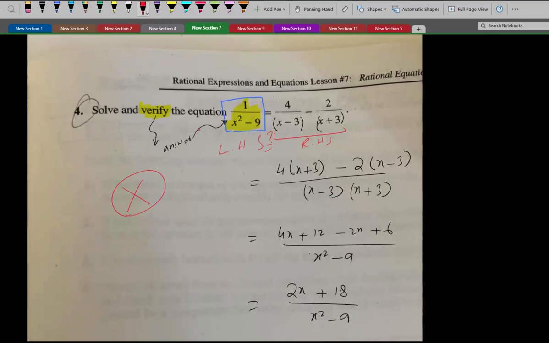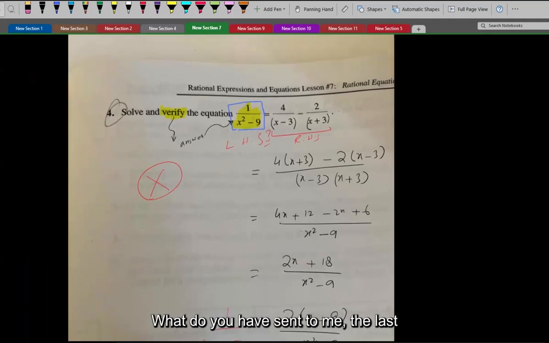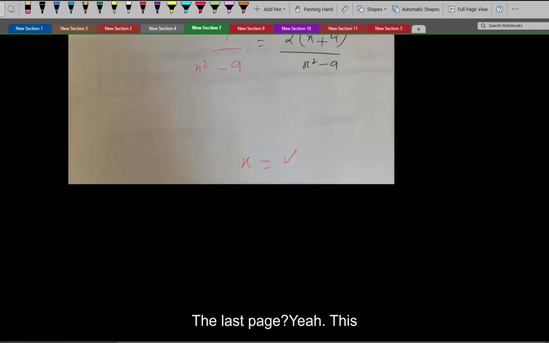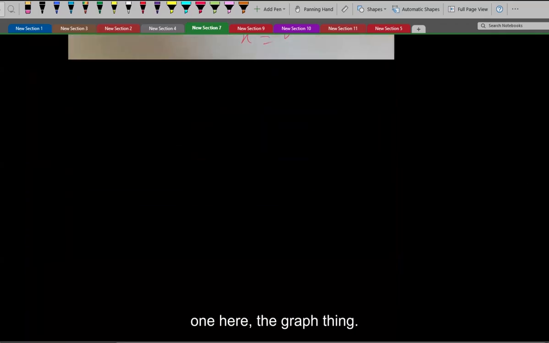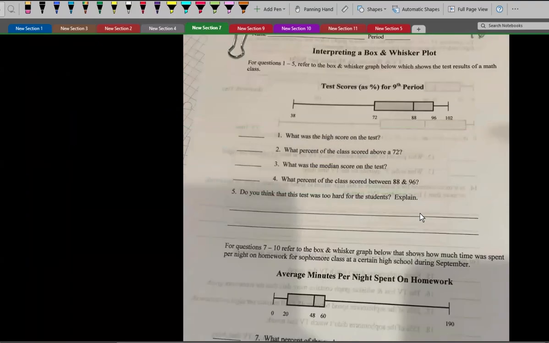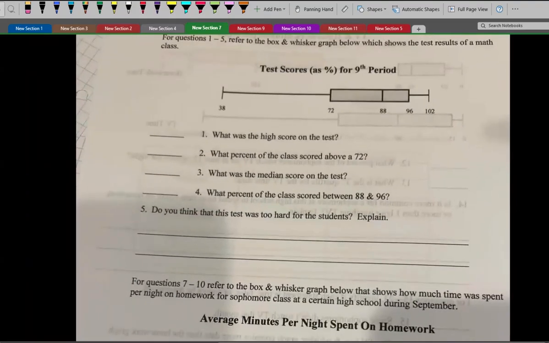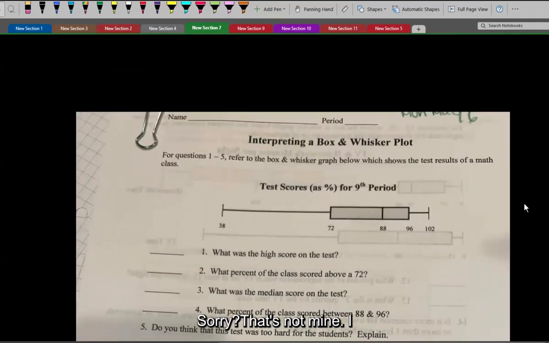Yeah. Okay. And what you have sent me, the last page? I don't know. What should I do with that? The last page. Yeah, this one here, the graph thing. Oh, I did not send you that. Sorry? That's not mine. I didn't send you that. You are Teja, right? Yes. I didn't send that though.